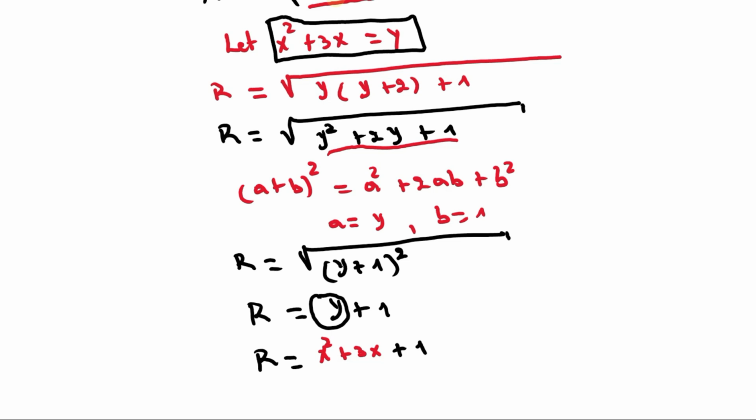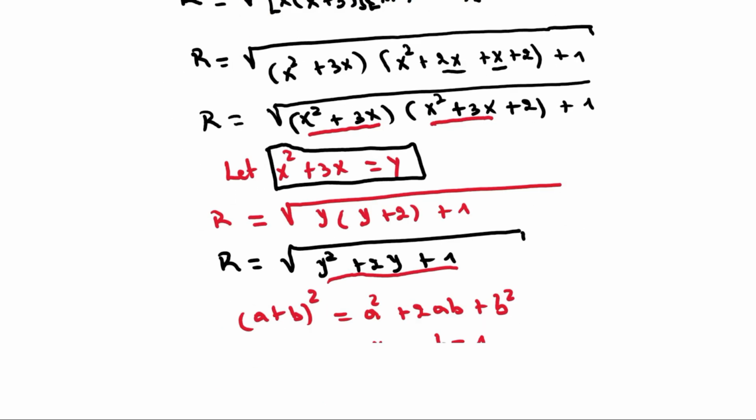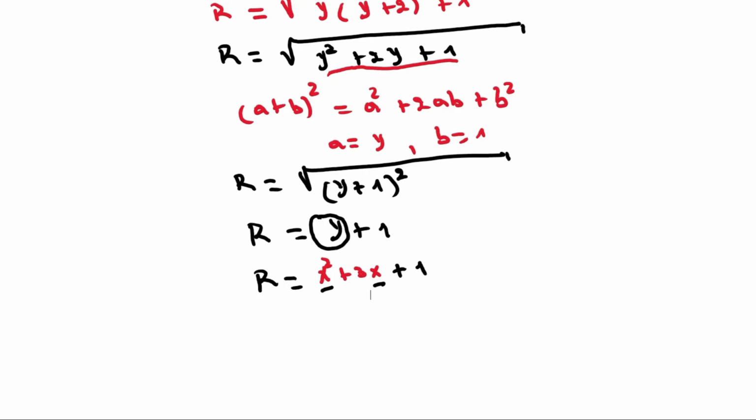Again, I will have to take this x and replace it by its value. At the very beginning, we supposed that x is equal to 60. And then our root r will be equal to 60 squared plus 3 times 60 plus 1.